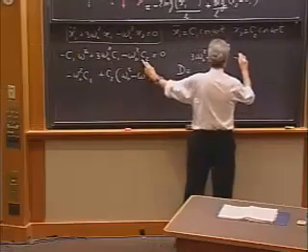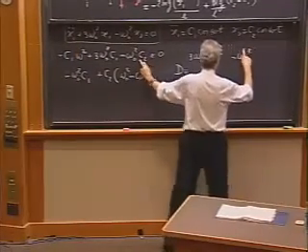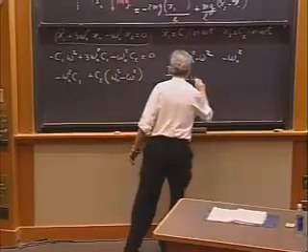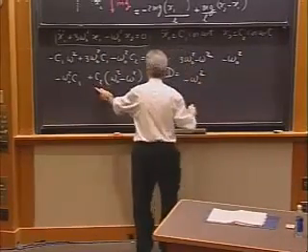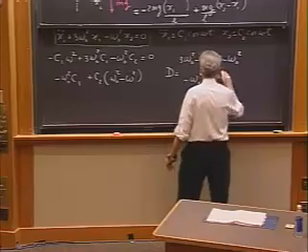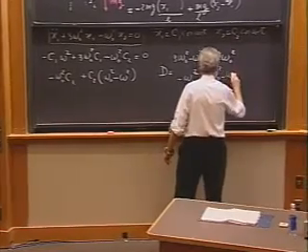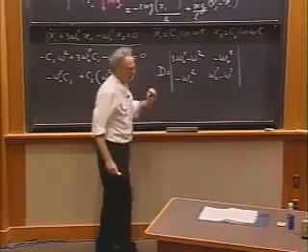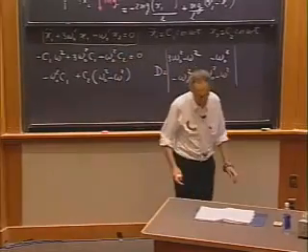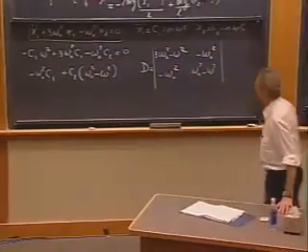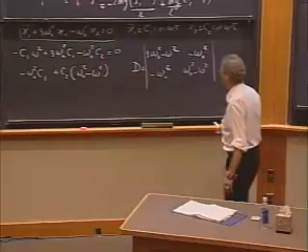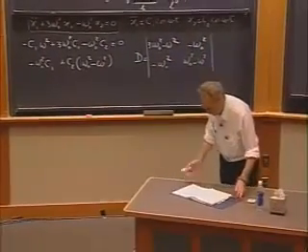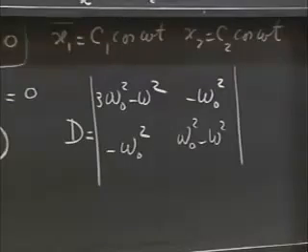Then I get here minus omega 0 squared. That's the C2. And here I get omega 0 squared minus omega squared. And the determinant of this, that's D. And I presume you all know how to get the determinant of this very simple matrix. We'll do that together, of course.